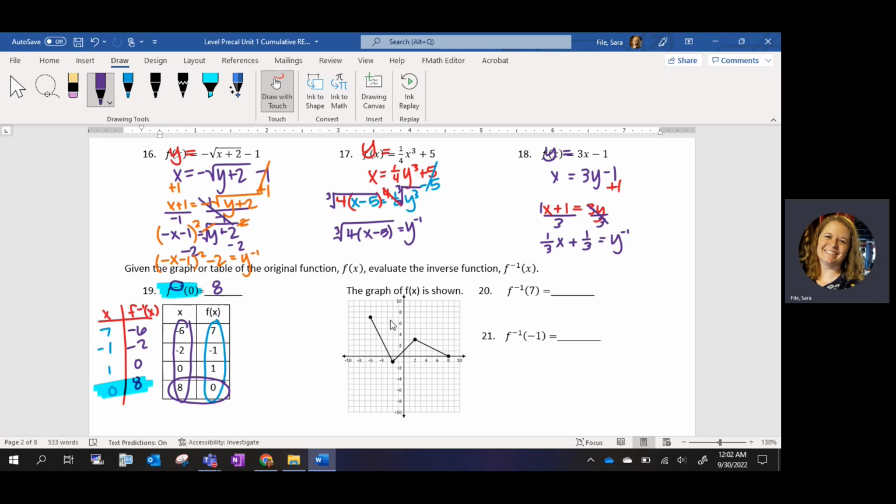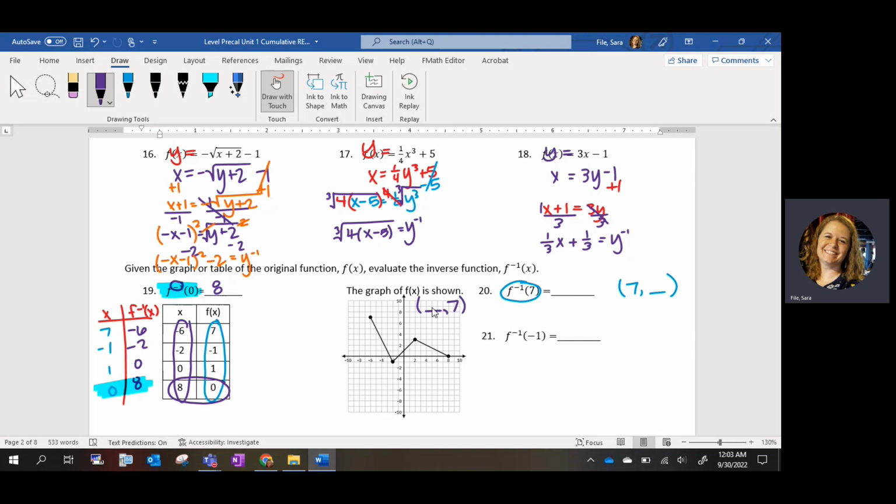All right, now from a graph, it's the same concept. This is the graph of the original f of x. We're evaluating the inverse. So again, if it helps you, write the coordinates. They're looking for when x is 7, what is y on the inverse? So on the original, that would mean what is x when y is 7?